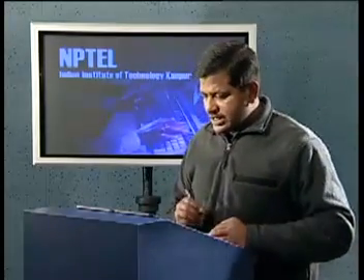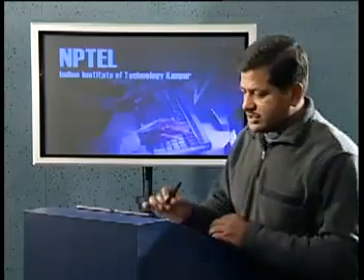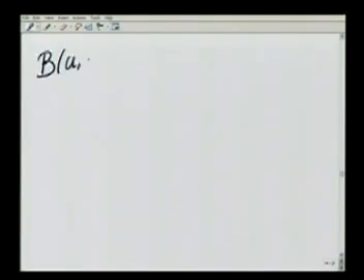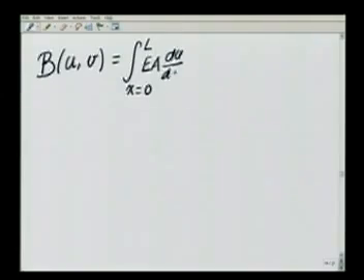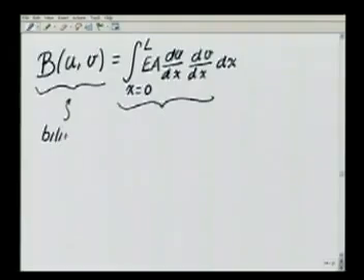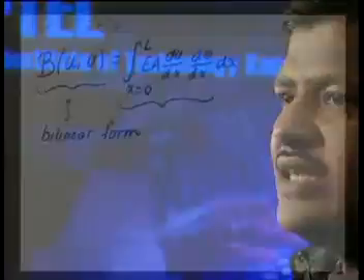Okay, so next let us introduce a few notations. What we are going to call b of u, v is equal to integral x equal to 0 to L EA du dx dv dx dx. This term is given by this notation. This is called a bilinear form. Why is it bilinear?